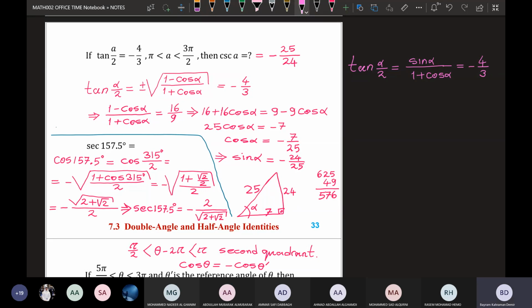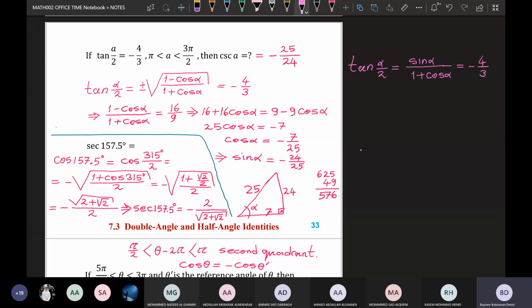The first thing I remember, Shabab, this root version, tangent alpha over 2 is positive or negative root of 1 minus cosine alpha divided by 1 plus cosine alpha. So it is equal to negative 4 over 3, as it is given in the question. Now, when you square both sides, you will get 1 minus cosine alpha divided by 1 plus cosine alpha is equal to 16 over 9.